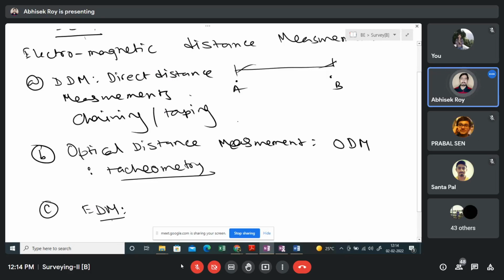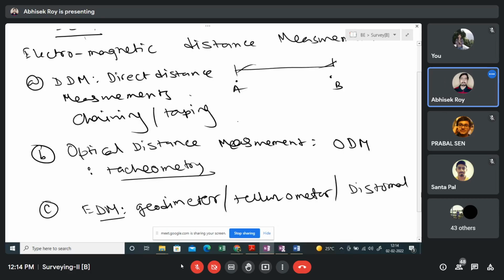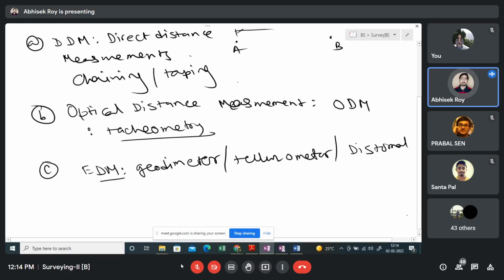Here there are many instruments, like the geodimeter, tellurometer or distomat. Our total station is also based on this EDM principle.